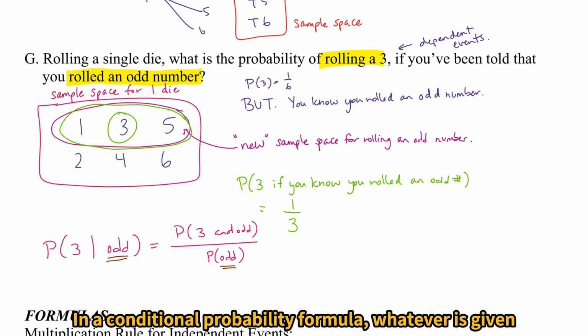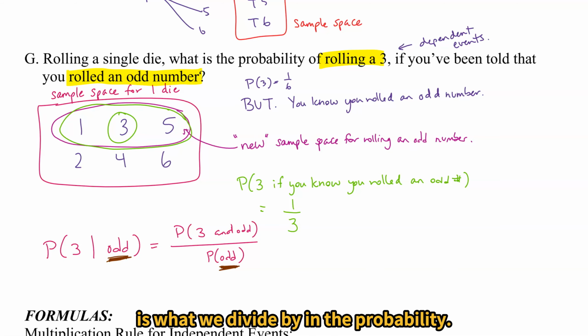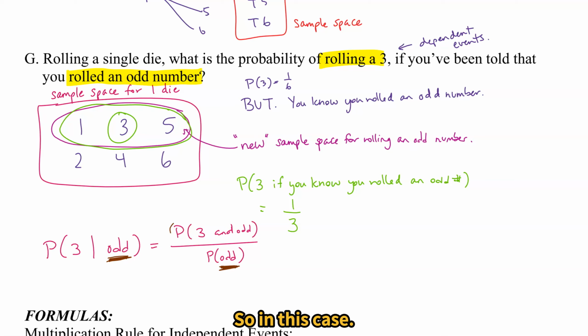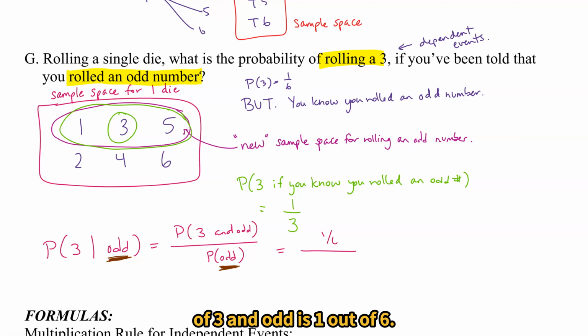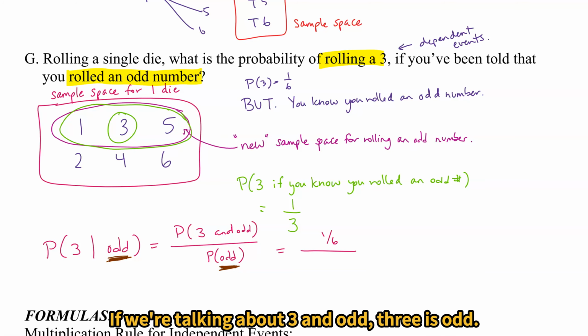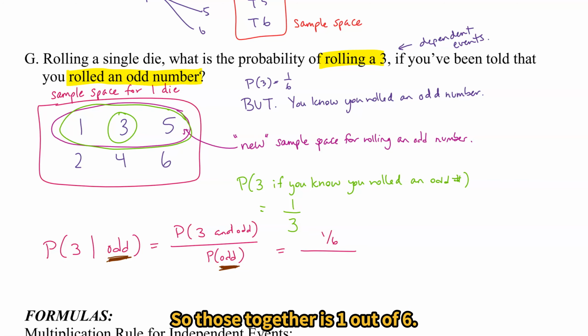In the conditional probability formula, whatever's given is what we divide by in the probability. So in this case, 3 and odd, well, the probability of 3 and odd is 1 out of 6. If we're talking about 3 and odd, 3 is odd, so those together, that's 1 out of 6. Probability of odd is 3 out of 6.